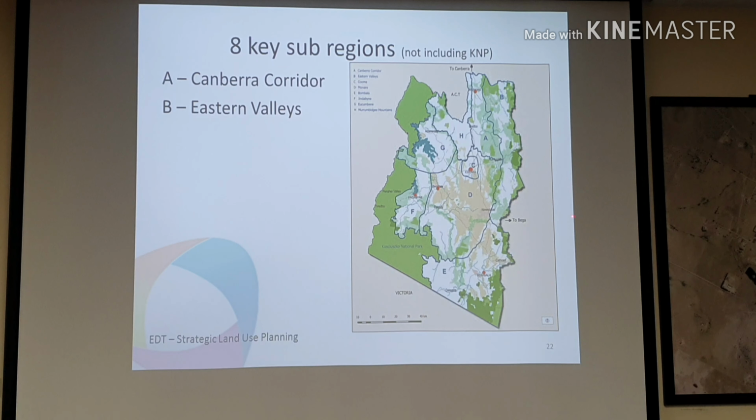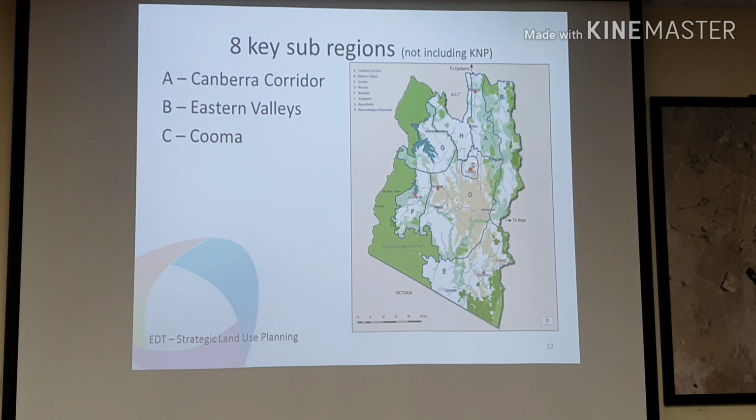B, the Eastern Valleys area, which extends from just east of Nimmitabel all the way up through that eastern area through Dalgety and Peak View and those places, which have a very high primary production value, as well as being quite scenic, not as accessible to Canberra, but Canberra still has an influence on those areas.